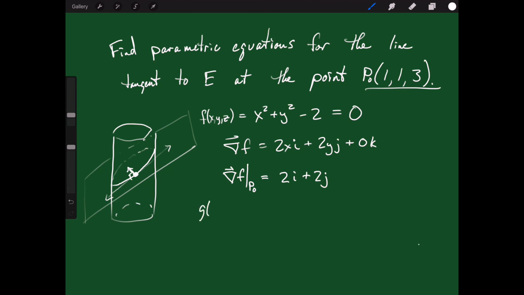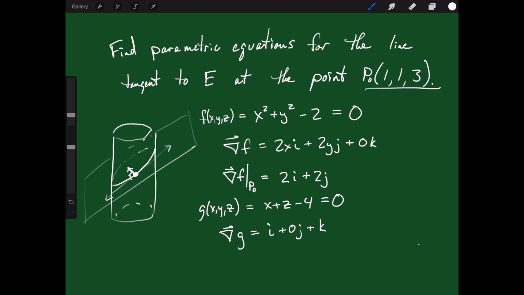Now let's look at g of x, y, z. And g of x, y, z was x plus z minus 4 equals 0. So let's think about the gradient of g. Well, with respect to x, I'd get 1i. With respect to y, I'd get plus 0j. And with respect to z, I'd get plus 1k.